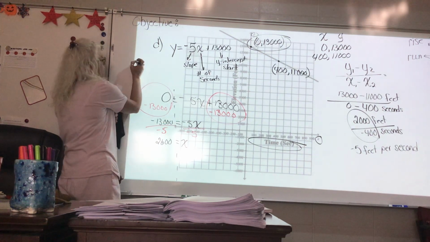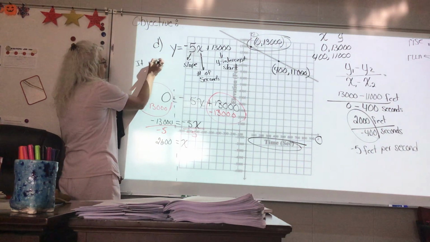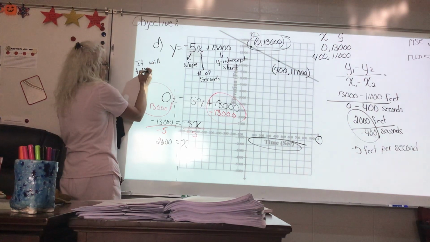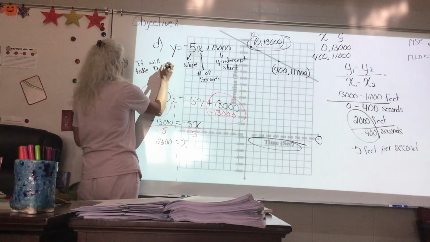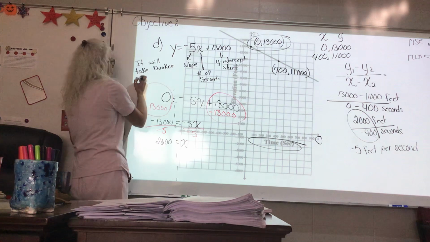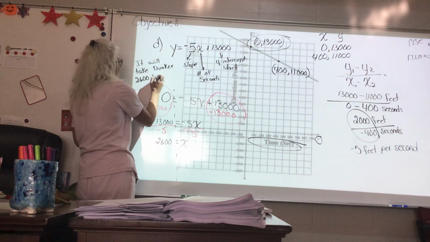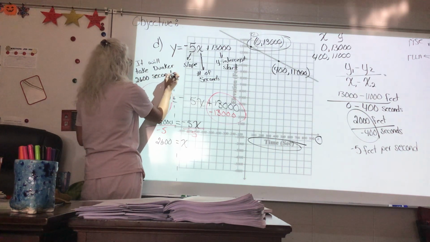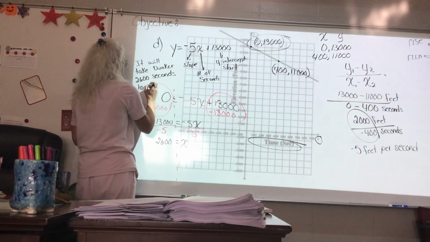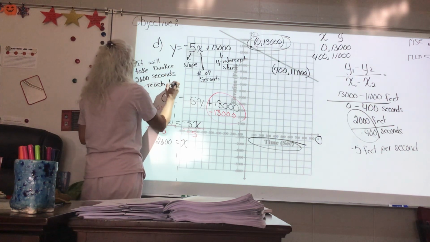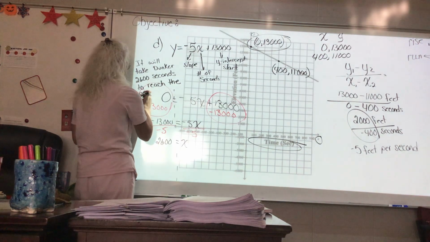So, it will take Dunker 2,600 seconds to reach the ground.